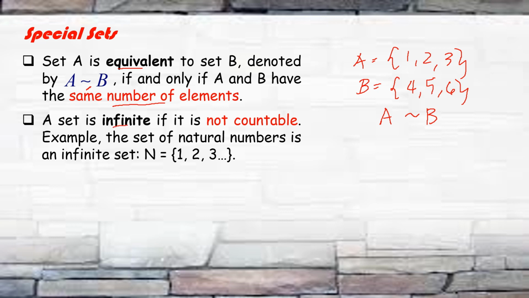A set is infinite if it is not countable. So, pag sinabi diba natin infinite or infinity ay hindi nabibilang. Example, the set of natural numbers is an infinite set. These are the natural numbers starting from 1, 2, 3, 4, 5, lahat ng whole numbers.